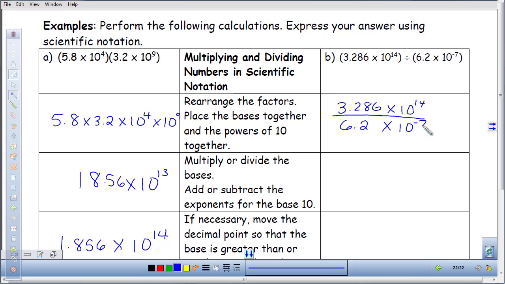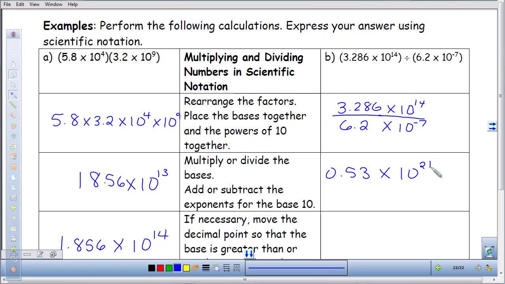Okay, I can divide these two and then use my exponent rules to handle those two. Okay, so 3.286 divided by 6.2 is what? Okay, 0.53. Okay, times 10. What am I going to do with the exponents? Subtract. So we get positive 21, right? 14 minus negative 7 is positive 21.